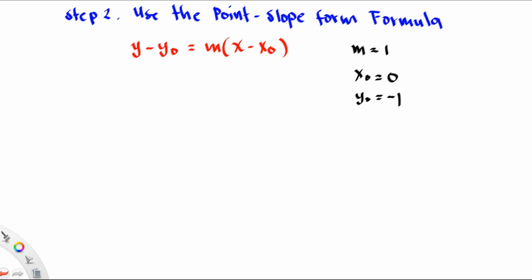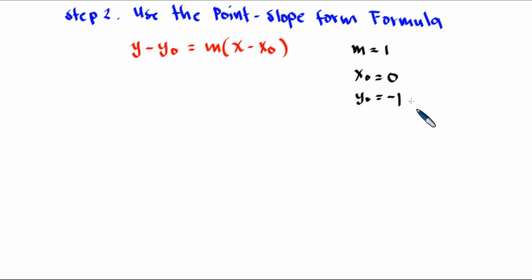And that is y minus y sub 0 is equal to m times x minus x sub 0. And we know that our m, which is our slope, is equal to 1, our x sub 0 is equal to 0, and our y sub 0 is equal to negative 1.